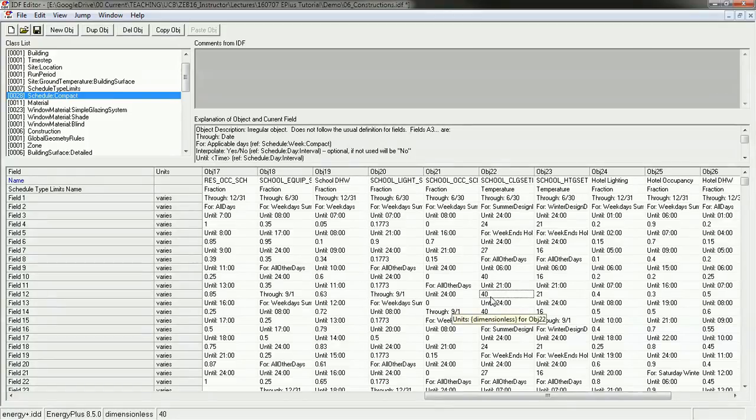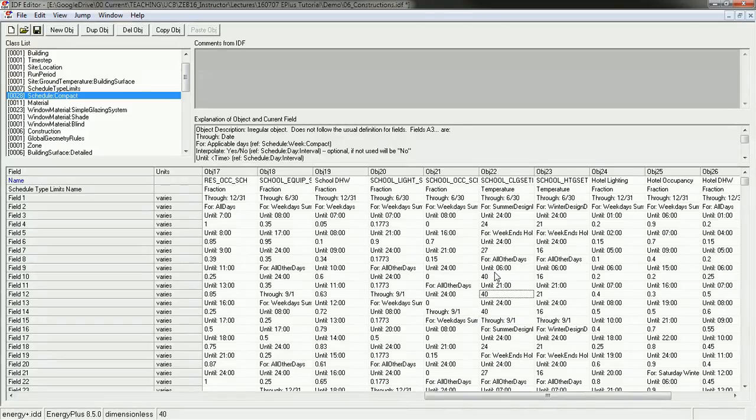Well, hopefully the indoor temperature never gets above 40 degrees, because that would be real hot. It is important to note that these temperatures are all in Celsius and they must stay in Celsius. So if you're more comfortable with Fahrenheit, then use a little conversion to figure out what temperature.